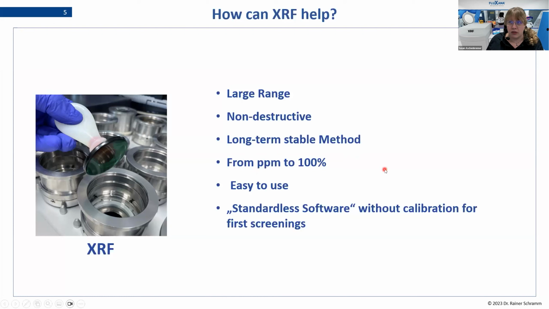We are obviously still limited by our detection limit, but this has to be looked at depending on the sample and on its preparation. In general, the range here is also very broad.